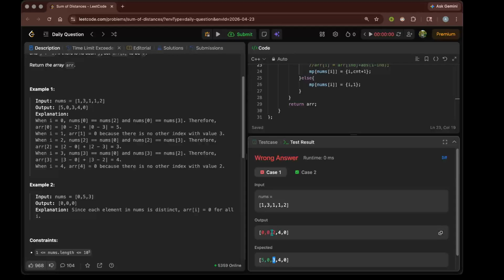But for this, it's not the same. 2 plus 2 is 4. A bit confused.